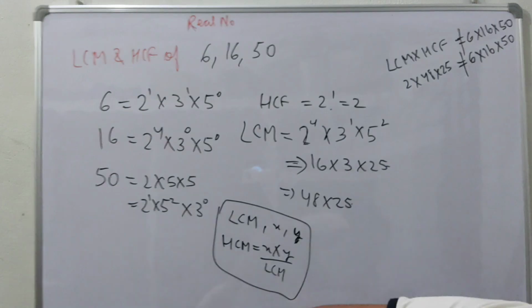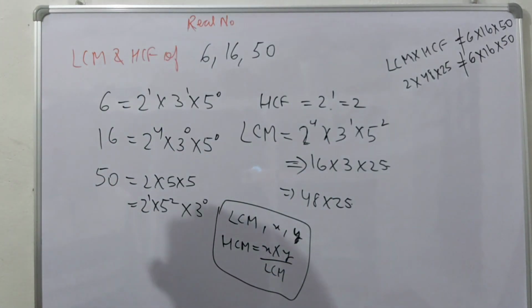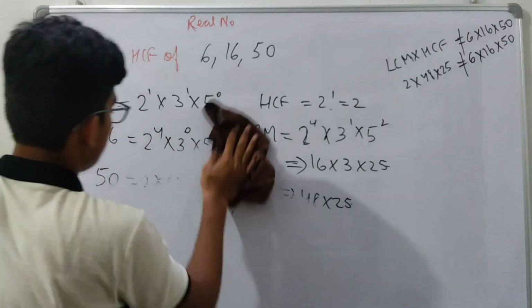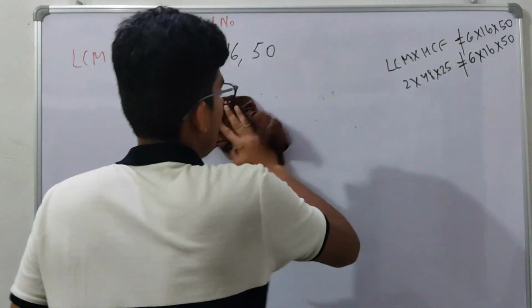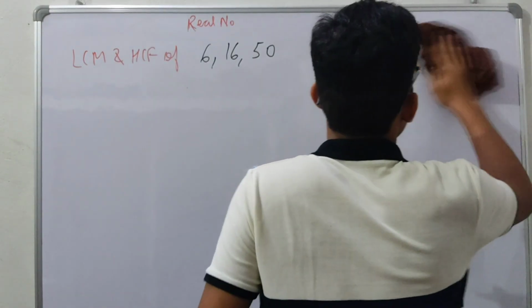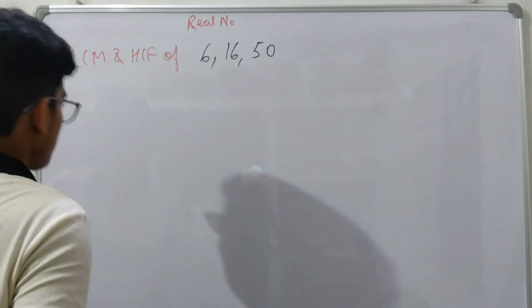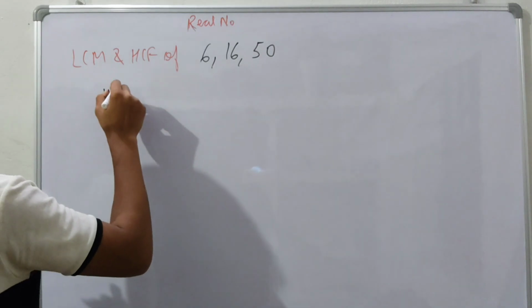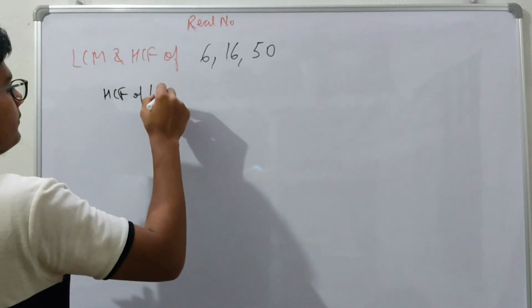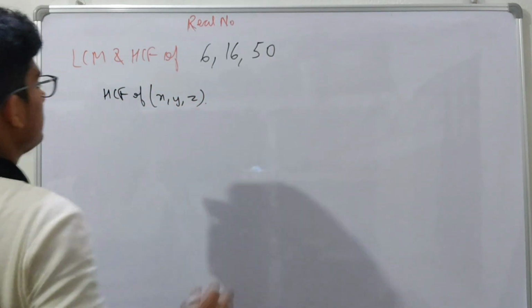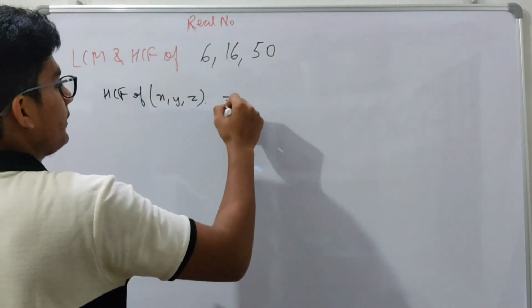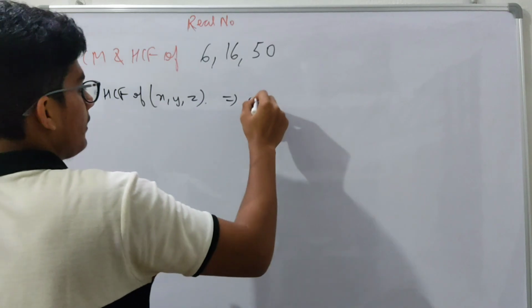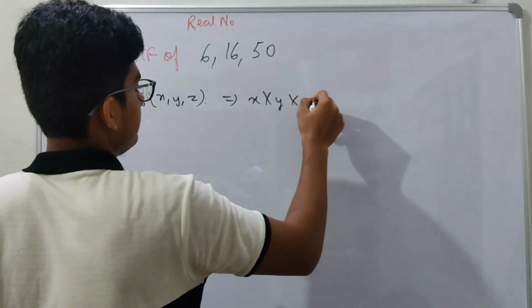Okay. So for three numbers, there is another method to find LCM if HCF is given, and we can find it easily. There is a formula given in the book also. You can go through it, but I am telling it here. Suppose we have to find HCF of x, y and z. First of all, we will multiply x into y into z.